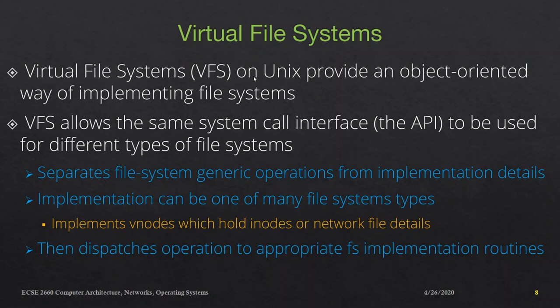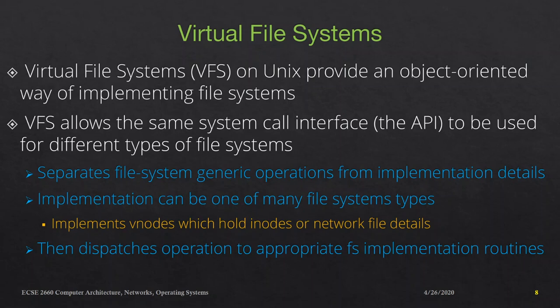So the virtual file system, VFS, on Unix provides an object-oriented way of implementing file systems. VFS provides a common interface to multiple different file system types. In addition, it provides a unique identifier called a vnode for files across the entire space, including across all file systems of different types.